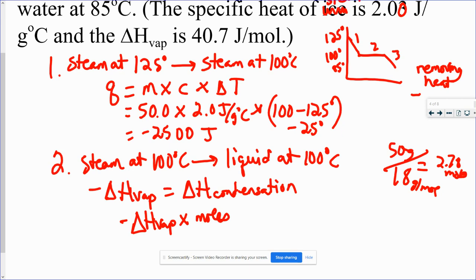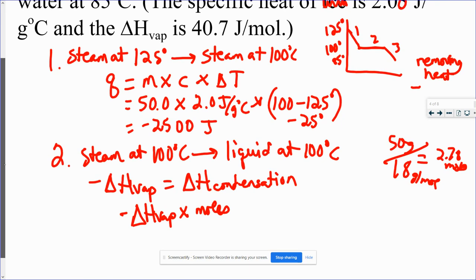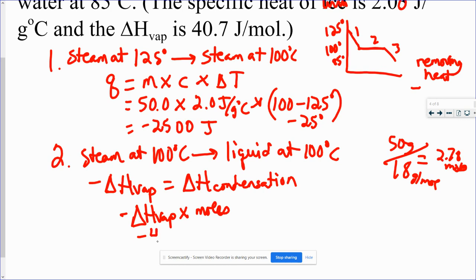So my heat of vaporization is negative 40.7 kilojoules. That should be kilojoules. Oh, 2 mistakes in this. That should be kilojoules. And that is times my 2.78 moles. So that should have said the heat of vaporization is 40.7 kilojoules.